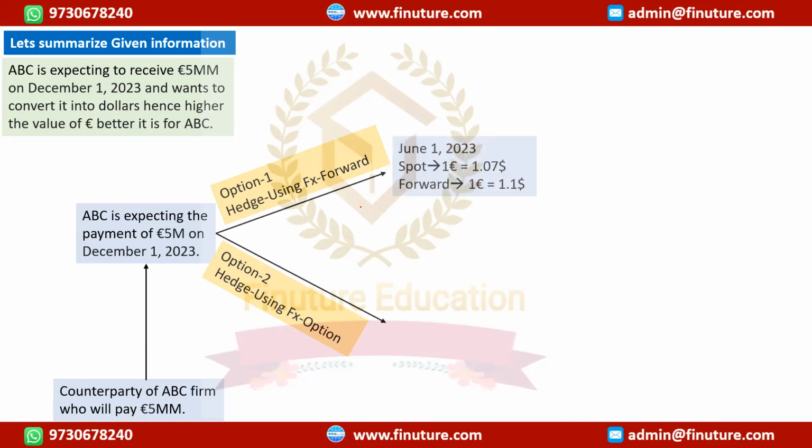And this is the information that we have been given as on June 1, 2023. Spot rate is €1 equal to $1.07, and forward is €1 equal to $1.1. On the call side, the strike of the call option is €1 equal to $1.07.